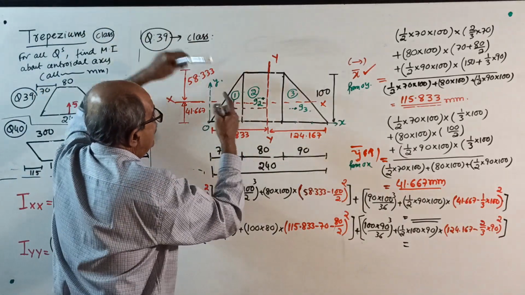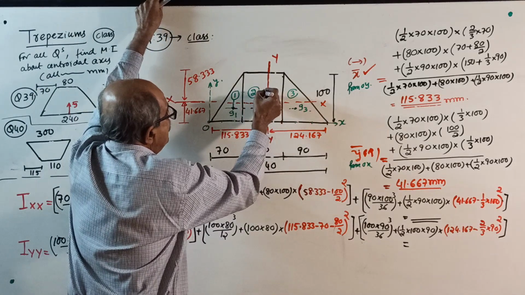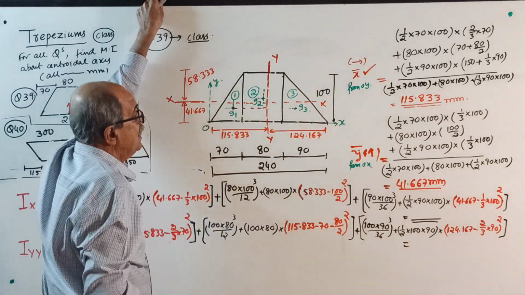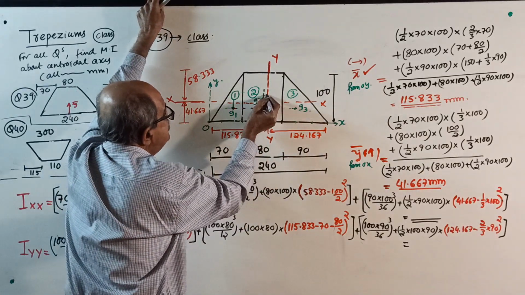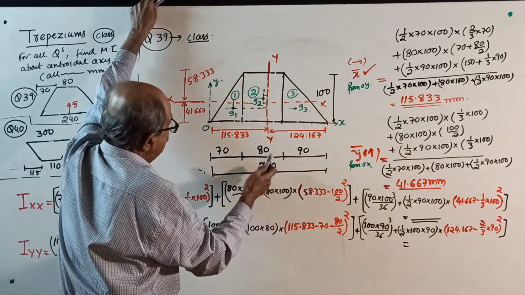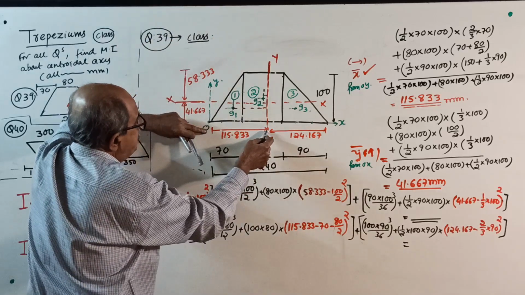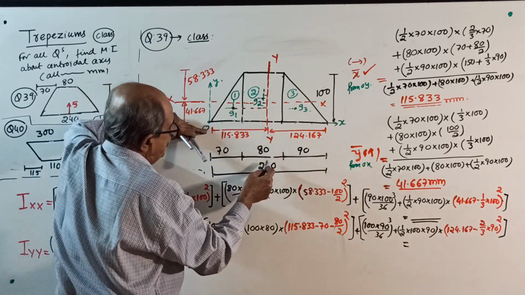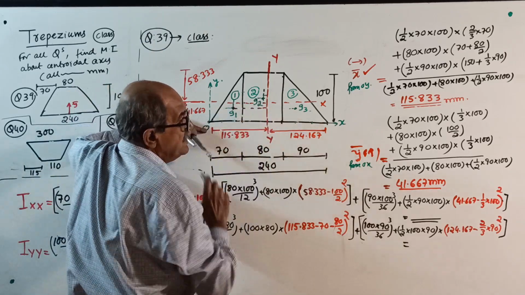Okay. Here, I about its own centroidal axis: 100 into 80 cube by 12 plus area into this distance square, that is, look this side, look this side only, 115.833 minus 70 minus half of 80.